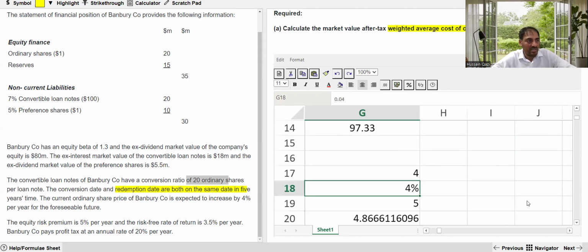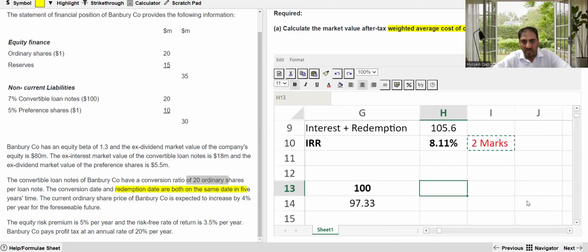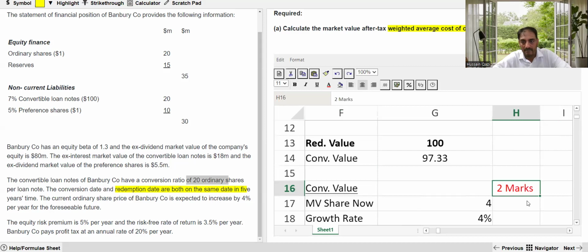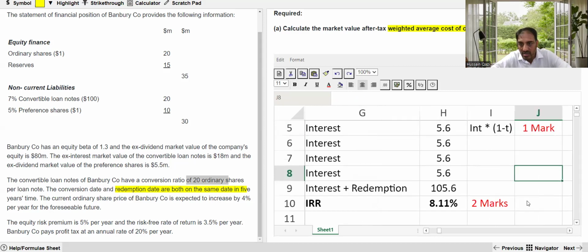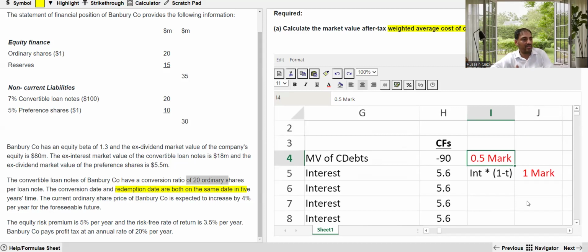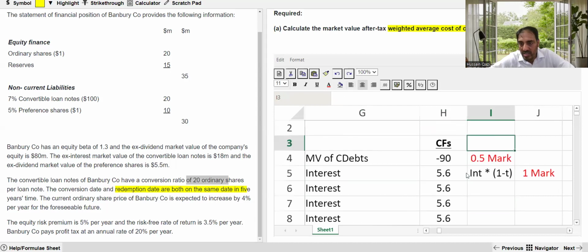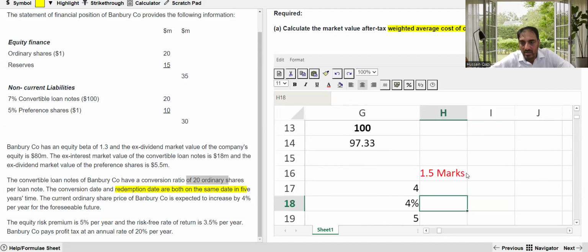About the conversion value, the examiner attached 1.5 marks. So these are 2 plus 3, 3.5, 1.5, which is 5 marks.